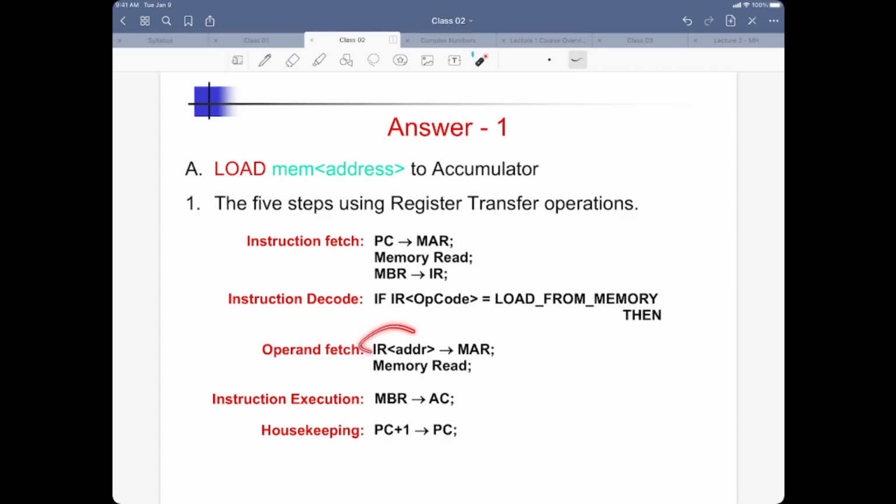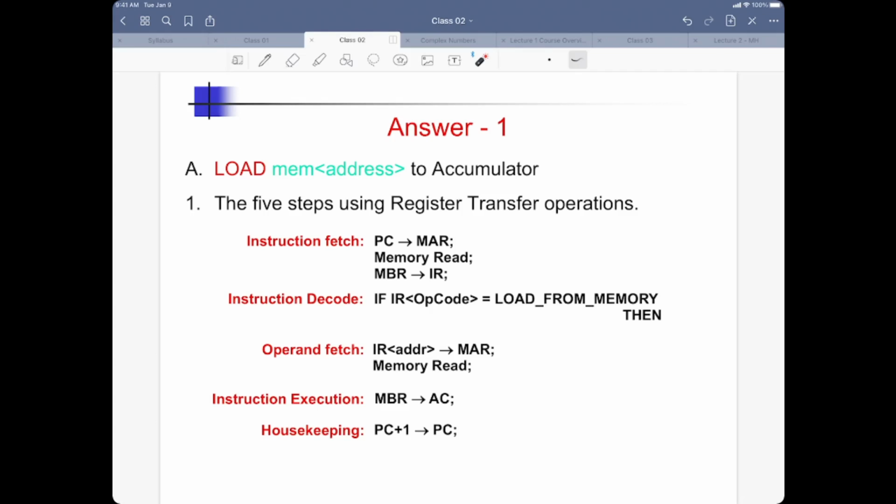So that address gets into MAR. You initiate the memory read, and the contents of that location go into MBR. Now MBR is ready with your number. For instruction execution, those contents move into the accumulator, and you're done with the instruction. Then you do the housekeeping: PC equals PC plus 1. Questions here?